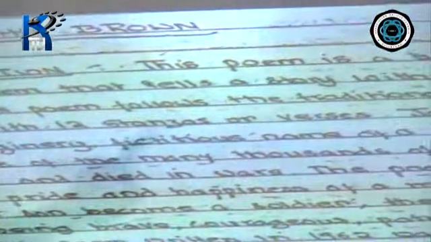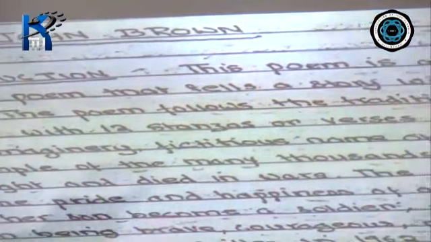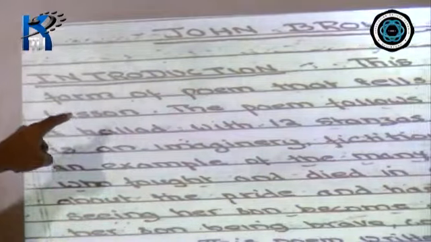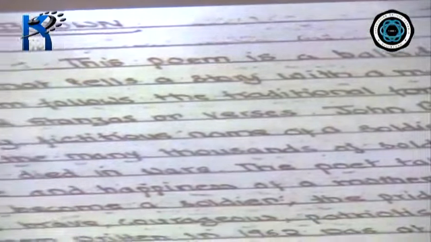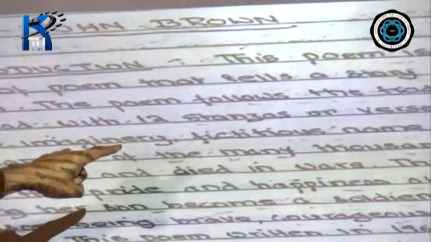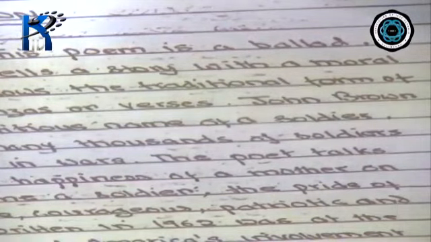This poem is a ballad, a form of poem that tells a story with a moral lesson, which I have already told you. The poem follows the traditional form of a ballad with 12 stanzas or verses. Stanzas are also called verses.